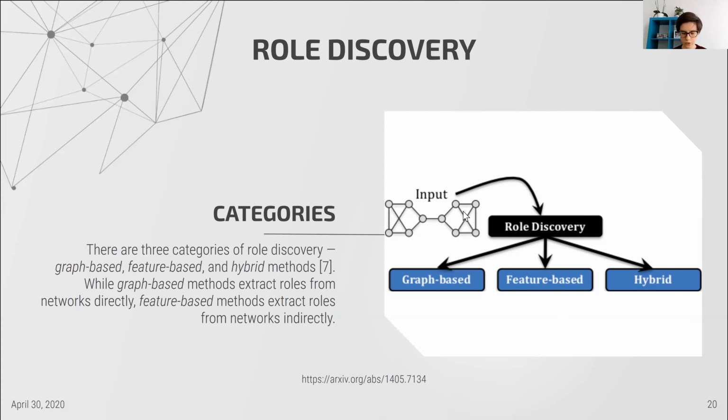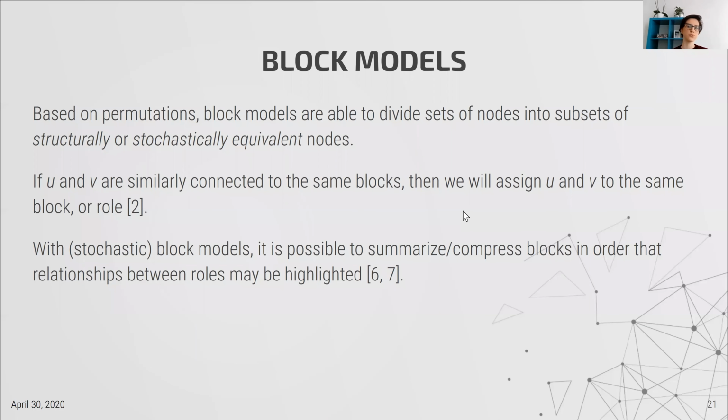But I would like to start by giving a brief overview of graph-based methods, because at least in the beginning, when we were talking about social network analysis, these were the methods used the most. The main example of graph-based methods are block models. You might have heard of them because they are also used to generate random graphs.